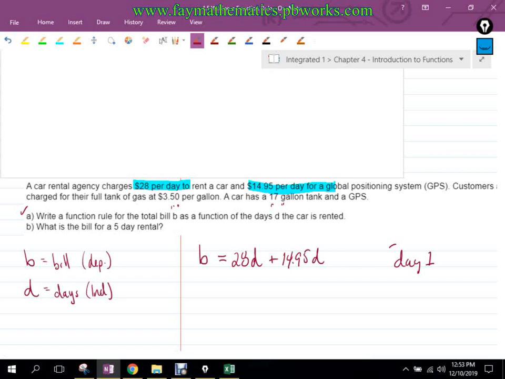Now the next thing I'm going to have to pay for is them giving me gas on the first day. It's $3.50 per gallon. Do I pay that every day? Do they come to my house or out on my trip every day and fill me up? No, it's a one-time payment, right? So the price I pay for this gas is dependent on nothing else.